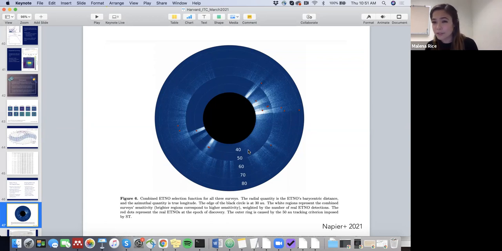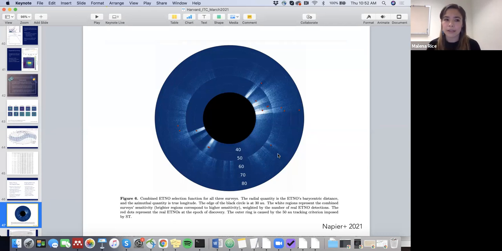We don't expect all 17 of those to be real, because these objects are just so rare that, if a couple of them were real, that would be great, but it would be very strange to have such an overdensity in that particular region of the sky. So we don't expect them to all be real. We're hoping with these improved methods, we can, first of all, narrow down which of those candidates are really worthwhile to follow up.